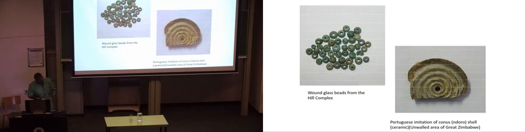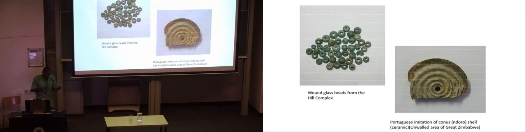Then they observed one important thing, that the residents of the interior liked some species of shell, such as kauri, as well as the conus shell. The conus shell was worn as a pendant by chiefs and other people of status.